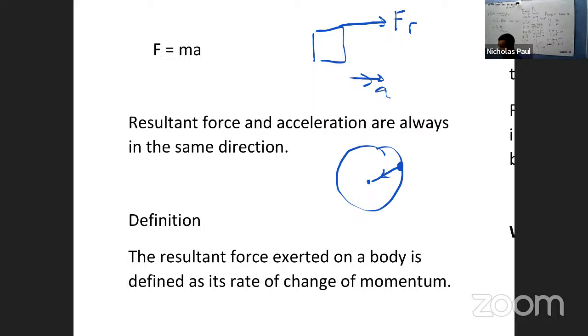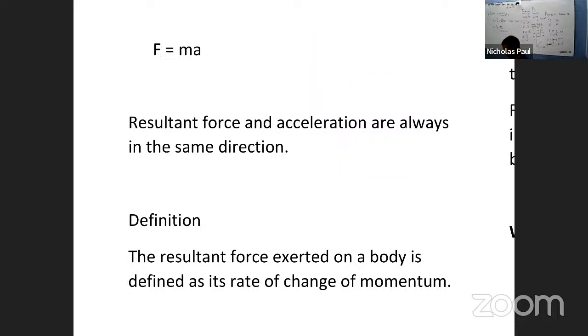What direction is the acceleration acting in? Same direction. So if the resultant force is towards the center, the acceleration is towards the center as well. And those who did this already, where is the resultant force? Centripetal force, right? Nice.